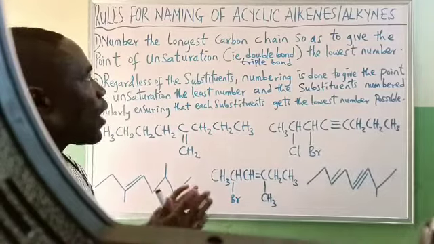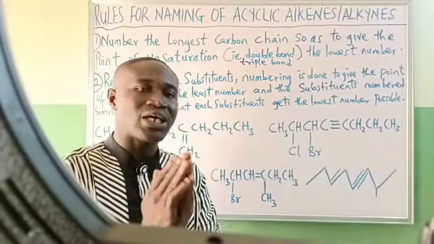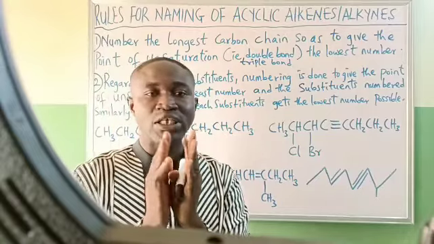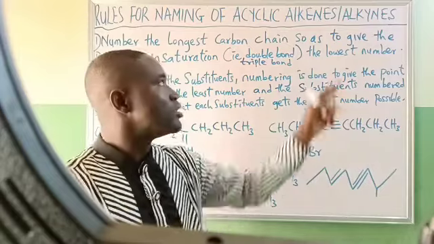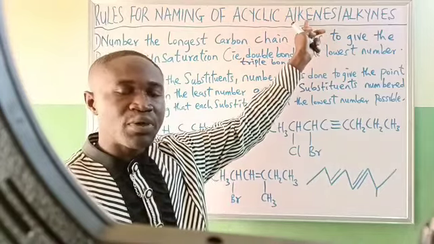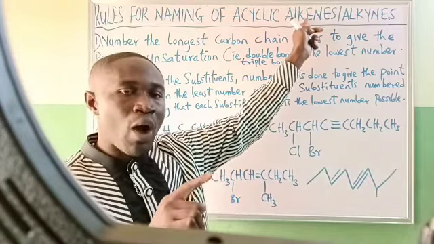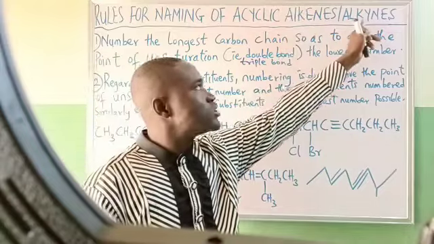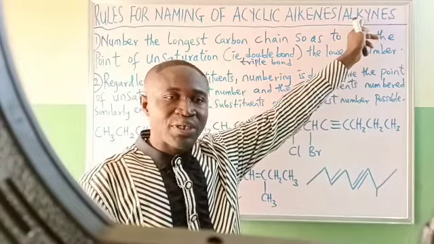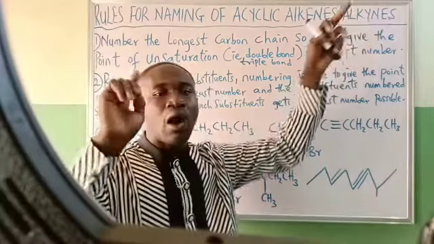Now, why do we call them unsaturated hydrocarbons? It is because they have pi bonds in them. For the one that has a double bond, it means in that double bond, one will be a pi bond and the other one will be a sigma bond. In the one that has a triple bond, it means it has two pi bonds and one sigma bond.